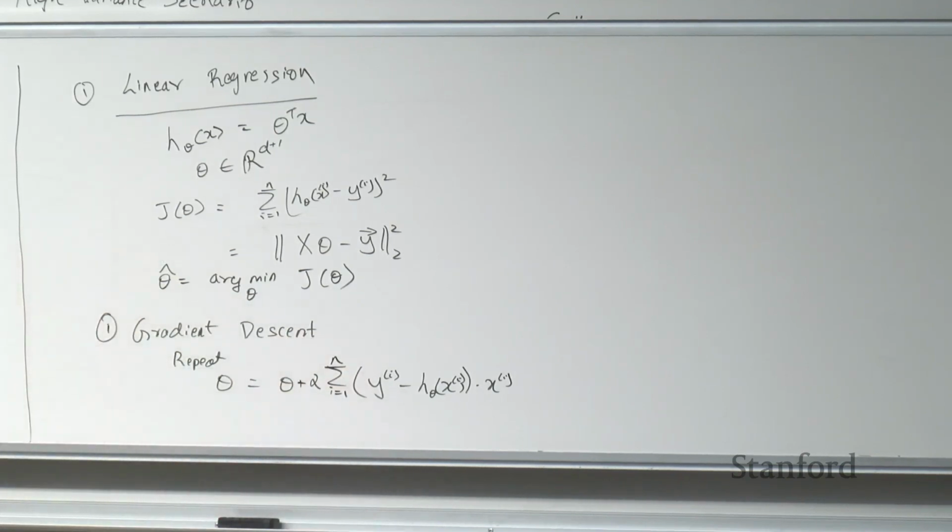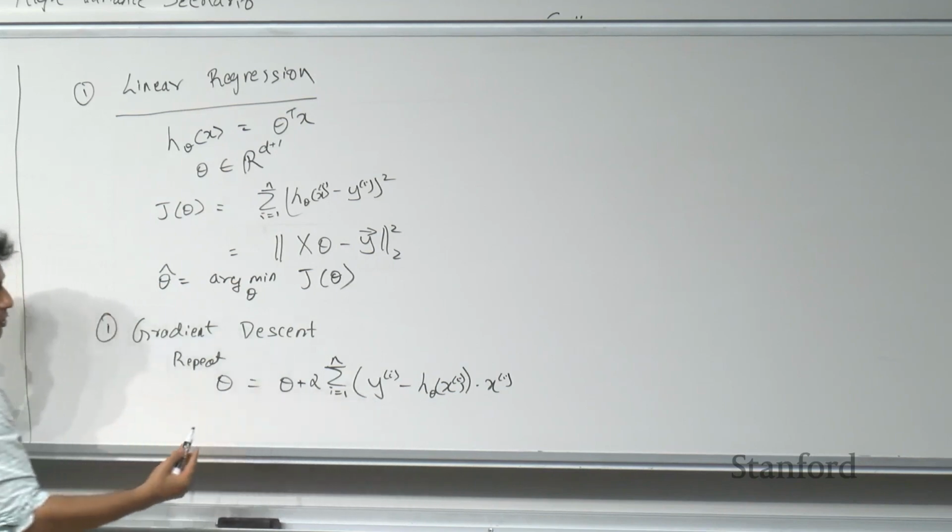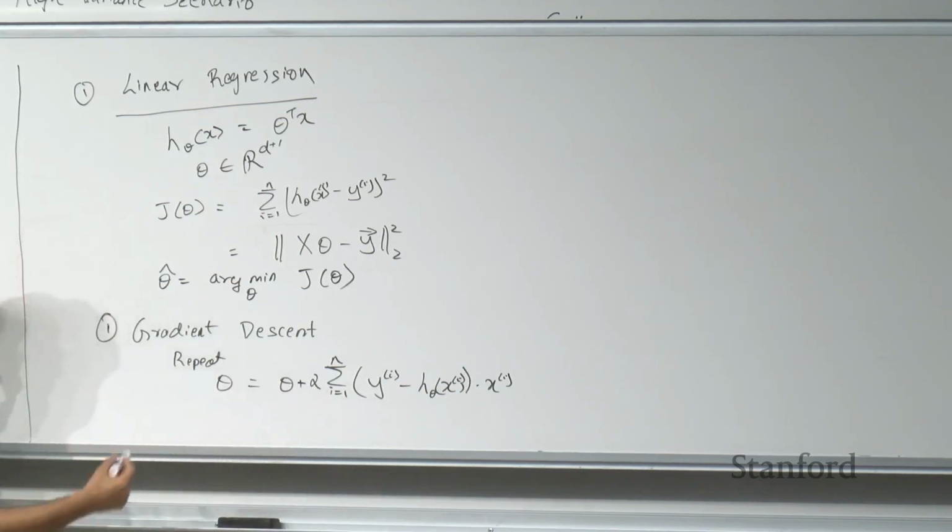So this is gradient descent, and we also saw a variant of gradient descent called stochastic gradient descent, where instead of this summation in each iteration, we randomly sample some example.